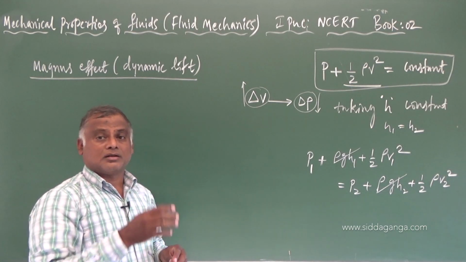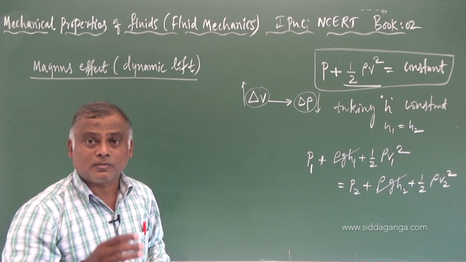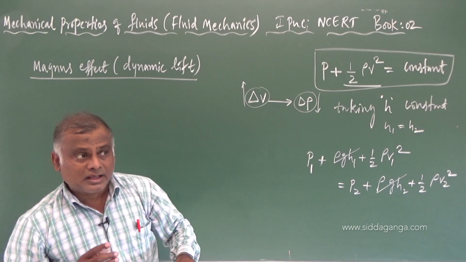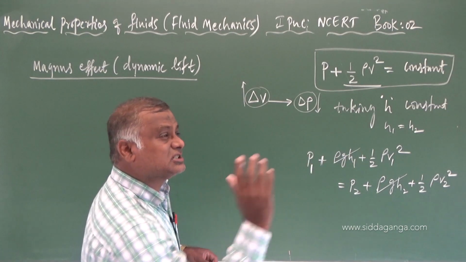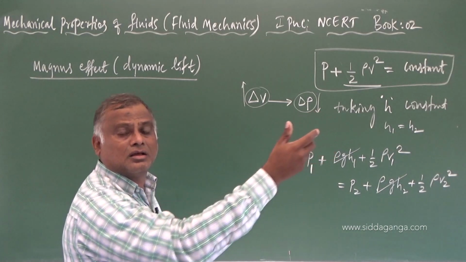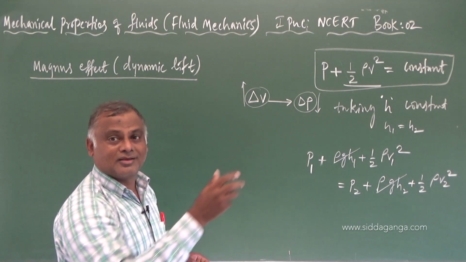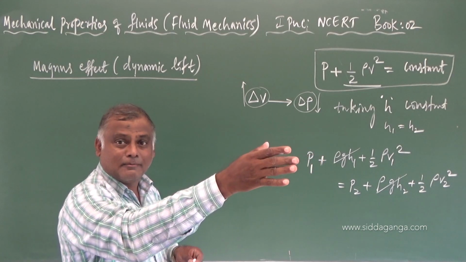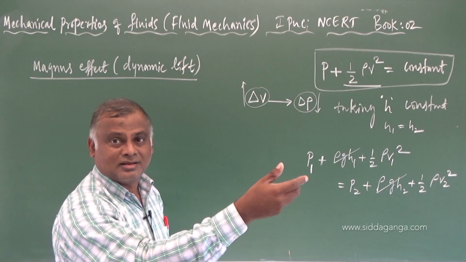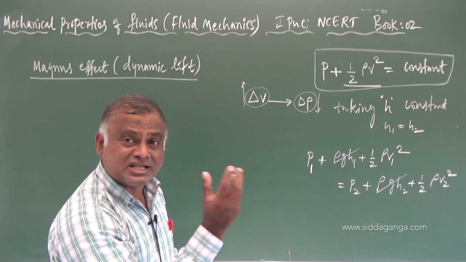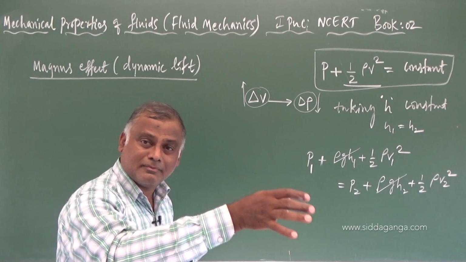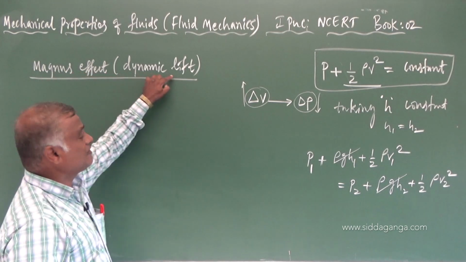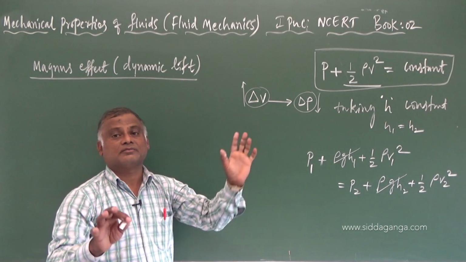When a football player hits a football, there is a change in the direction of the ball. All the audience may feel that the ball goes straight, but it gets deviated. That can be understood with the help of Bernoulli's theorem, with the effect called the Magnus effect or dynamic lift, which is caused because of this.